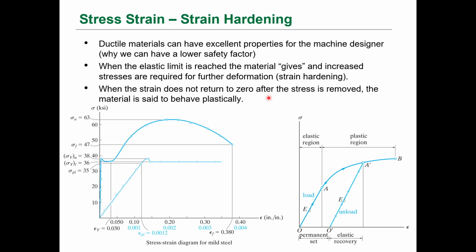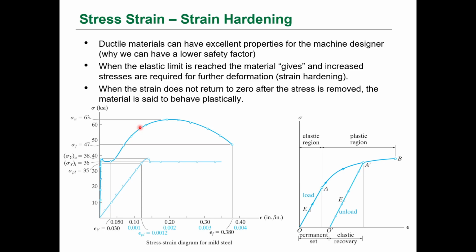Ductile materials are very good design materials in the view that when they yield, it allows the machine to have some give to it, and then it actually will get harder. So it's a strain hardening effect. If you look here, this is a stress strain diagram for mild steel. If you see the yield stress, it actually takes less stress for that machine, or that structural component, to continue to deform up to some value. And then it takes a lot more stress to get it to continue to deform.